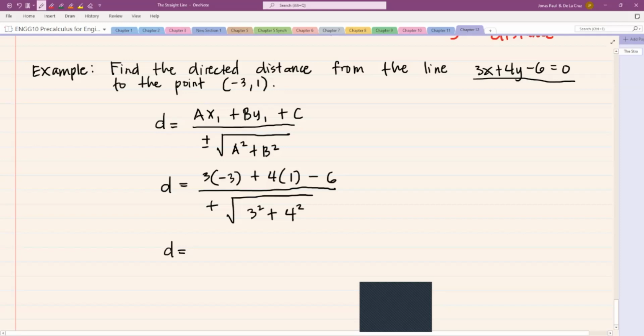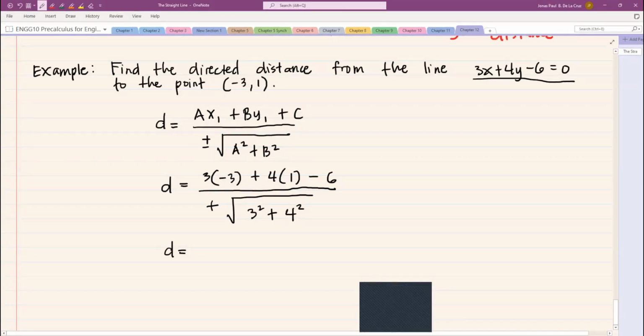Okay, so that's, tama ba yung -11 over 6? Over 5, sir. -11 over 5.